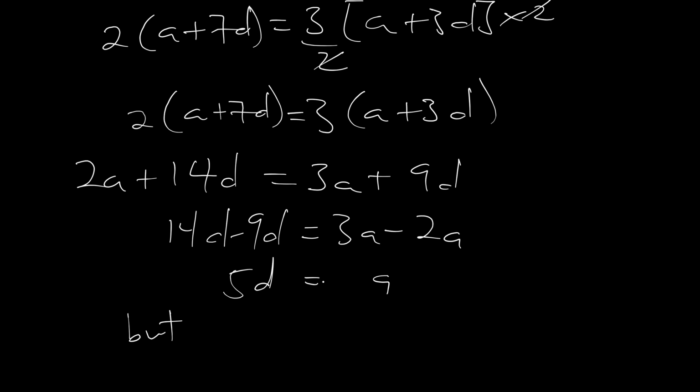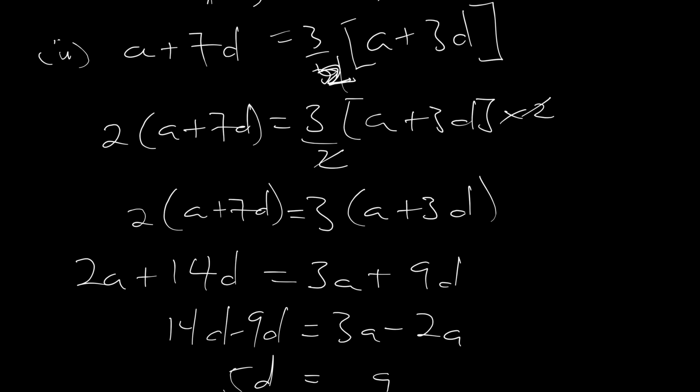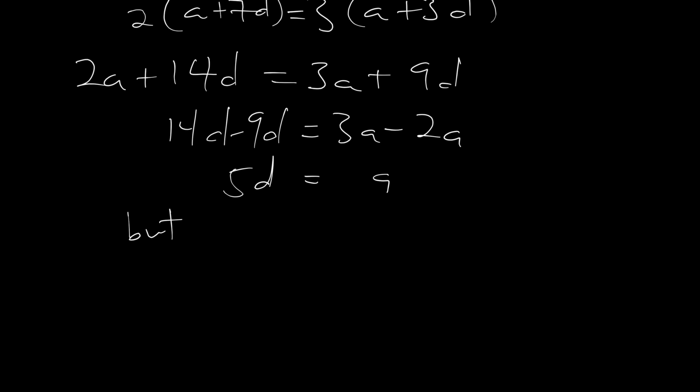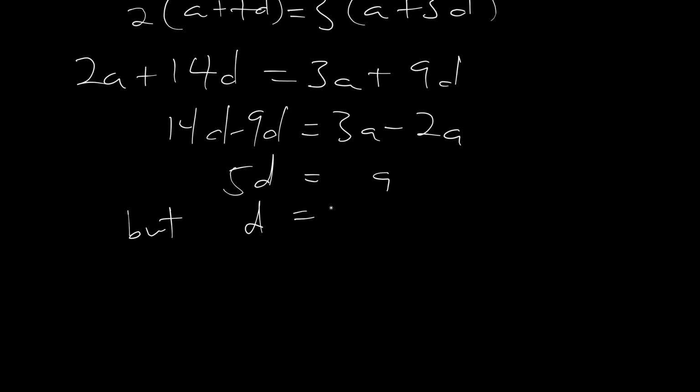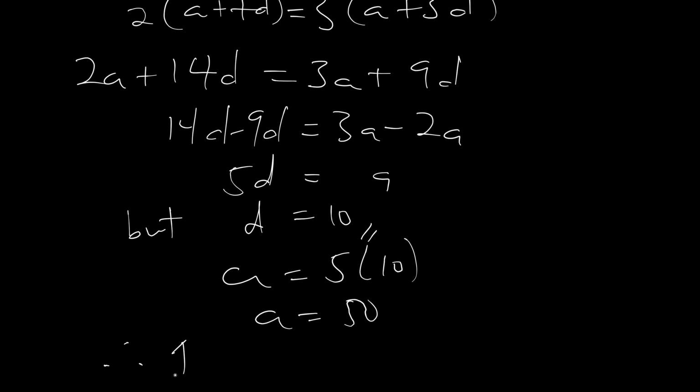But we know that our d from (i) is equal to 10. Hence, a is equal to 5 times 10. So a is 50. So we can say that our first term of the arithmetic progression is equal to 50. So that brings us to the end of question 8a.